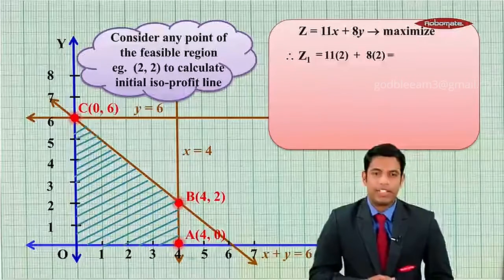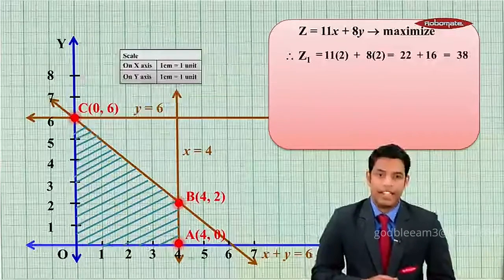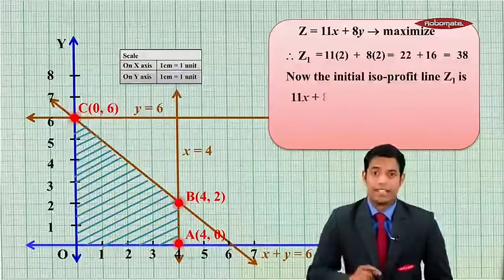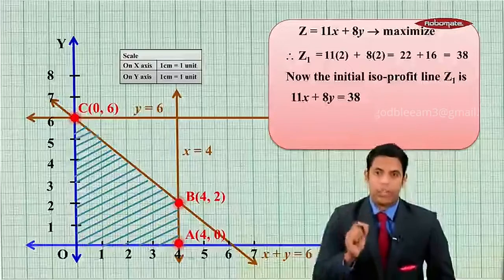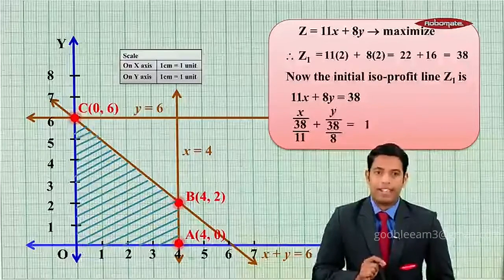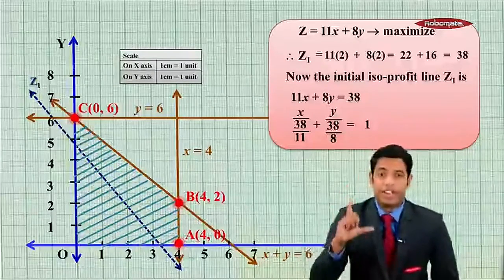That will give us 22 plus 16, that is 38. So now we will plot the initial isoprofit line z1, that is 11x plus 8y equal to 38. So we have plotted this line as shown in the diagram. So z1 is our initial isoprofit line.